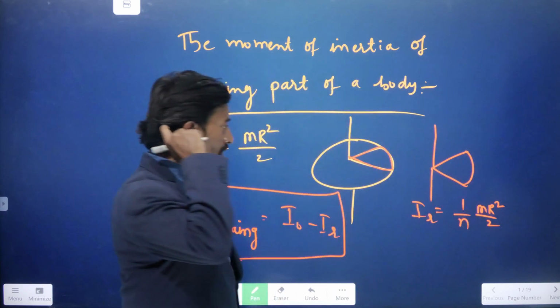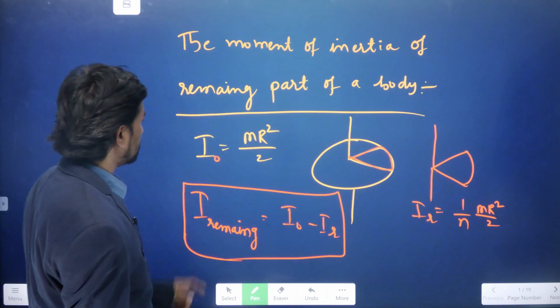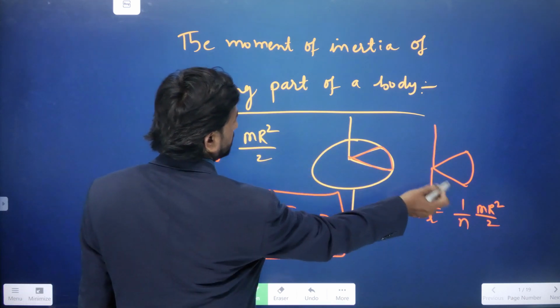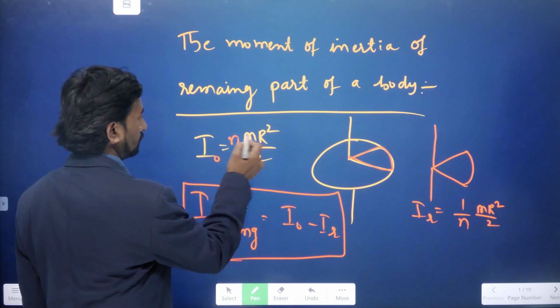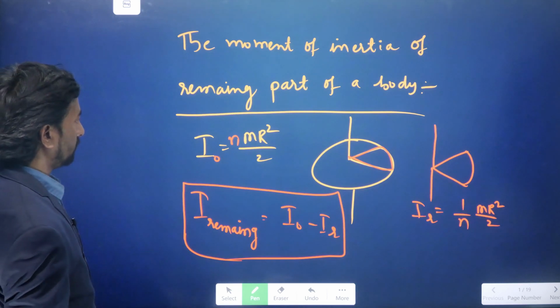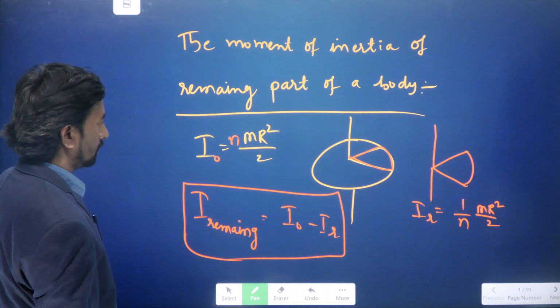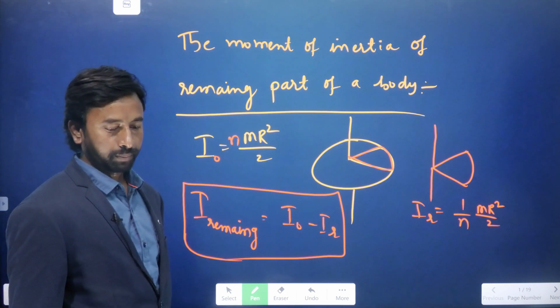The total body is n times that, so if we remove the nth part from it, we get the remaining part.